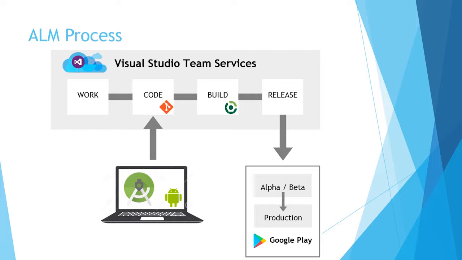And if the build succeeds, I can automatically trigger the release. And the release is going to push, via a specific VSTS task, my application into my Google Play console in the alpha beta environment.